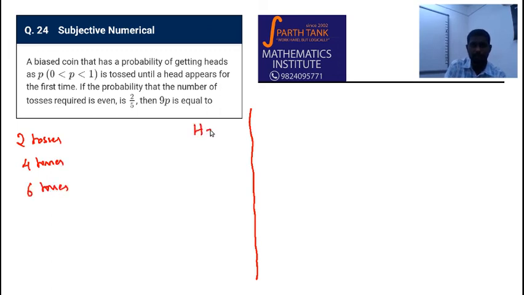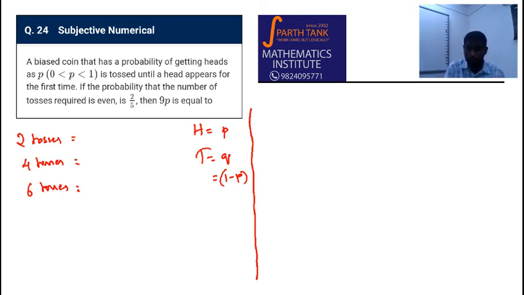So if head is P, tail is going to be Q, which is 1 minus P basically. Now for 2 tosses, you are tossing until head appears. So toss once, if you get head you stop, but that is an odd number.